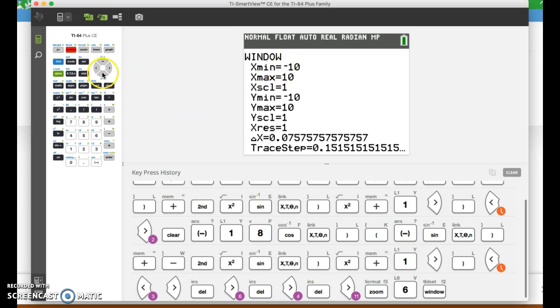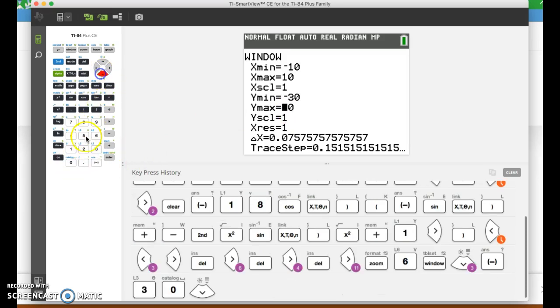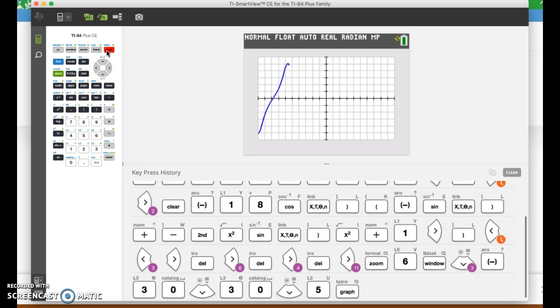You can see that right now our default window only goes down to negative 10 and up to 10. You want to change this to negative 30 and positive 30. And it's going to make it easier to look at if you change the scale from 1 to some larger number, and I just chose 5. And now when I hit graph, you'll notice that you can see the actual whole function.